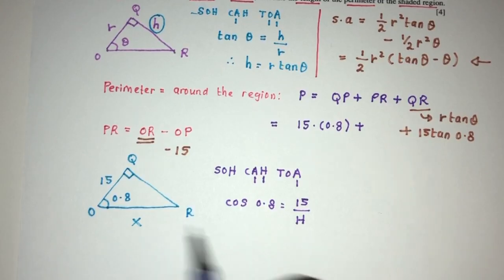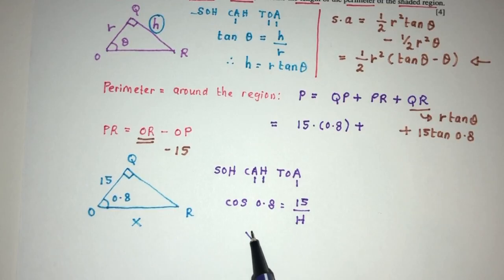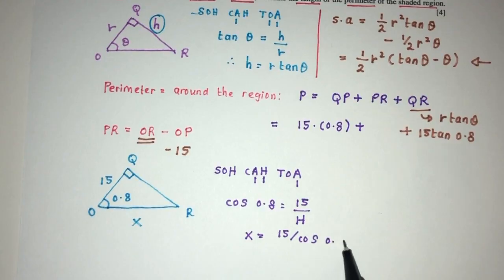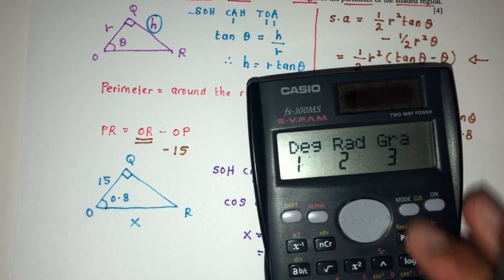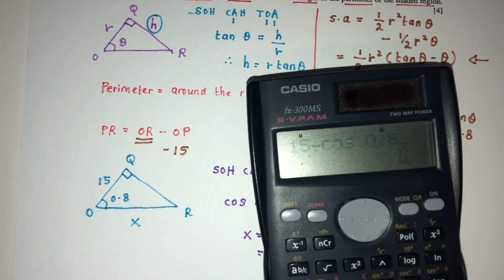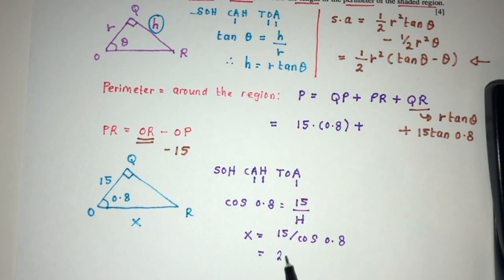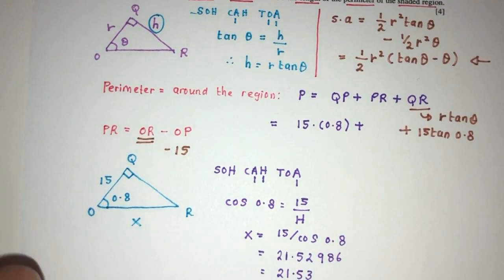Now, H is x here, so x will be 15 divided by cos of 0.8. We have to use radians here. That will be 21.52986, which should be 21.53. Let's write this for now.